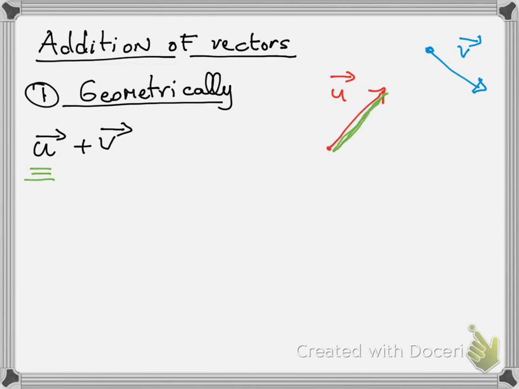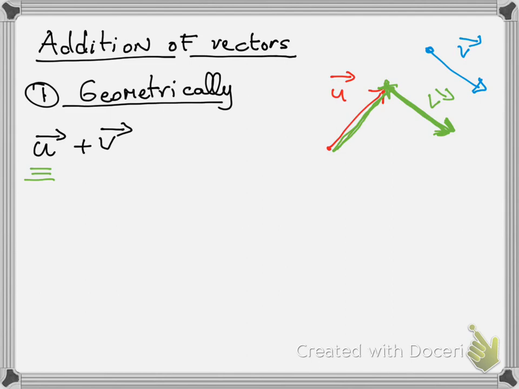Then at the terminal point of u, you draw the vector v. The vector v is this one here, but if you start at the terminal point of u, this would represent the vector v, because this vector has the same length and the same direction as v, so they are the same vector, okay?